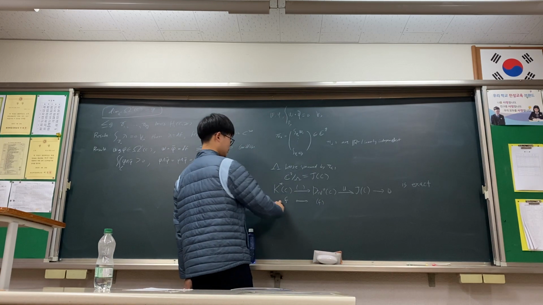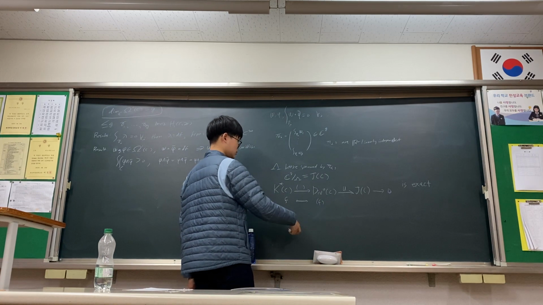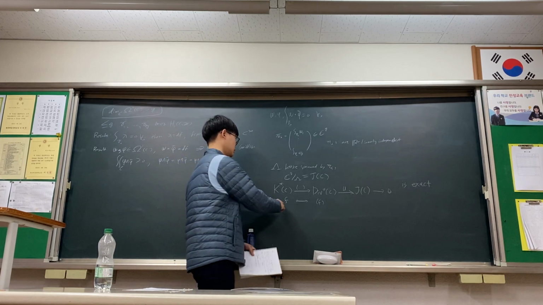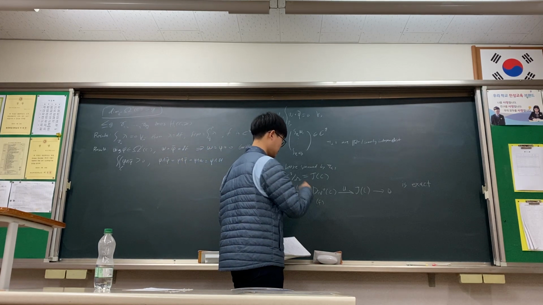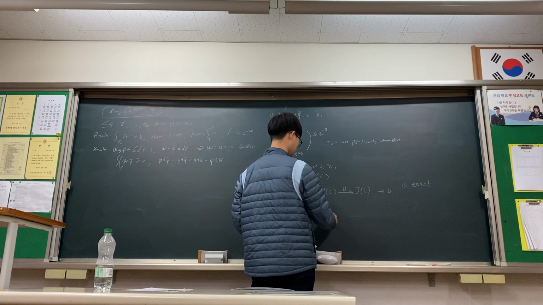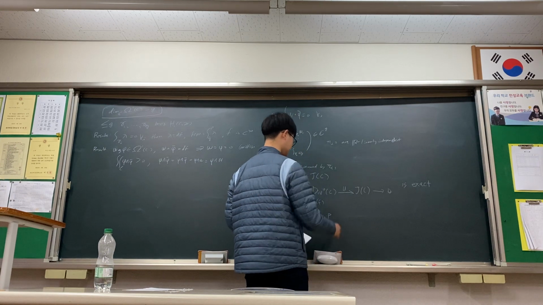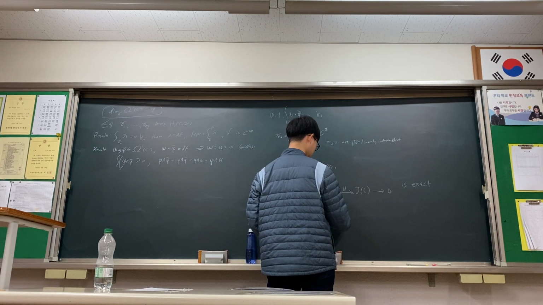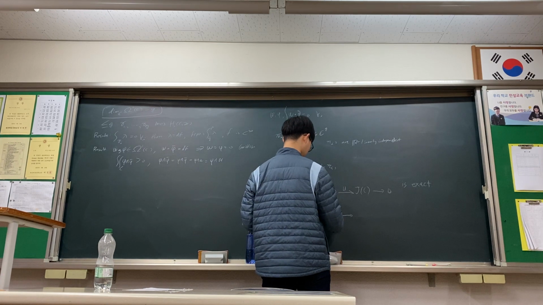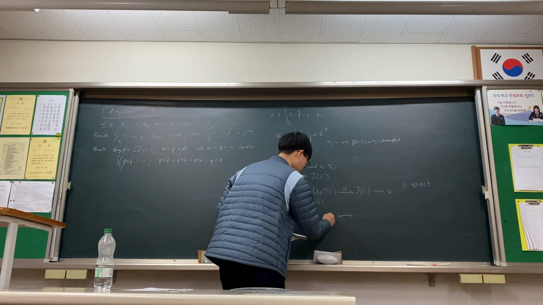We know this is an abelian group, and it's easily seen that it's a group homomorphism. Suppose we have some divisor D, and we will focus on p.